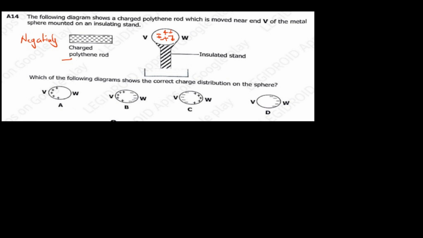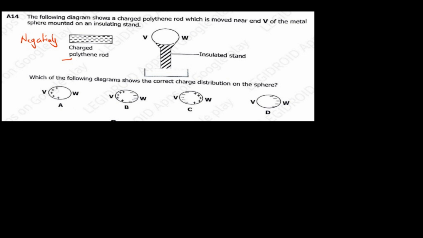Once you bring a charged rod, such as this charged polythene rod, close to a metal sphere that has charges evenly distributed inside it, the charges that are opposite to this polythene rod are going to be dragged to the end near this polythene rod, because opposites attract.